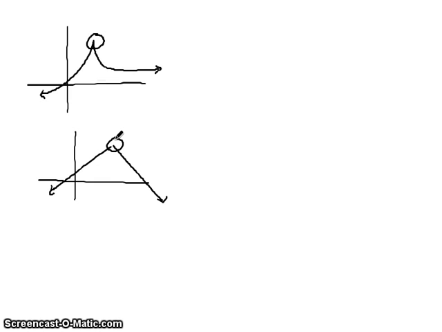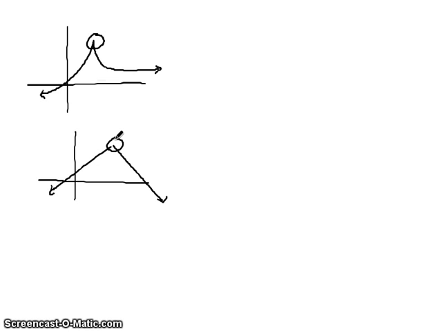Now, why the derivative doesn't exist at these two places is going back to our definition of a derivative. So we need to think about limits here. If we take the limit of the slope formula, that's going to give us our derivative.